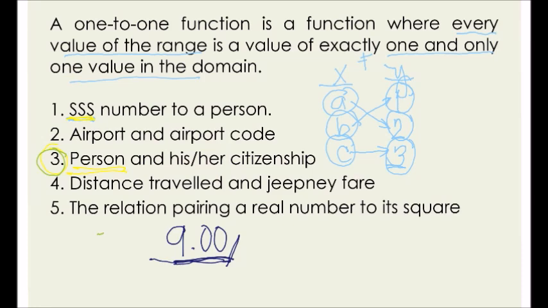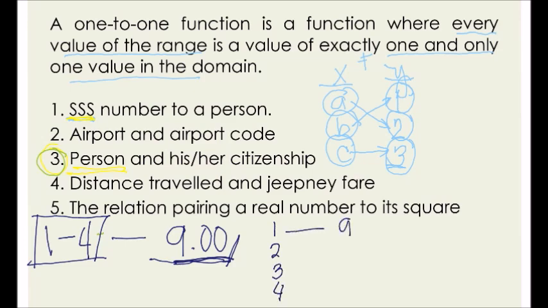Now, it does look like it is a one-to-one function. However, from kilometers 1 to 4, you are going to pay 9 pesos. So that is 1, 2, 3, 4. 9 pesos. So, kilometers 1, 2, 3, and 4 only point to one range value.